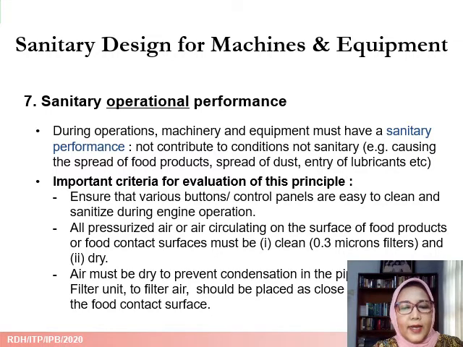All pressurized air or air circulating on the surface of food product or food contact surfaces must be clean, filtered, and dry. Air must be dry to prevent condensation. The filter unit to filter air should be placed as close as possible to food contact surfaces.